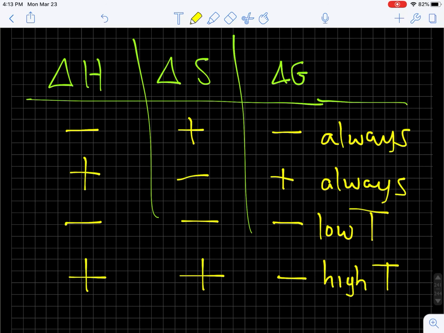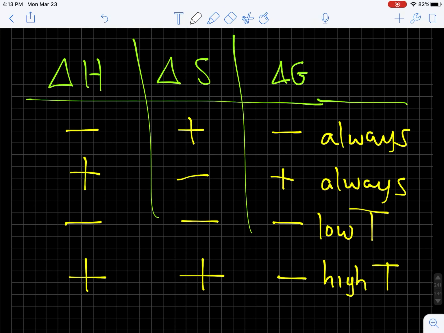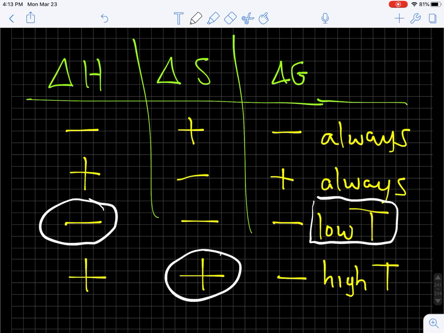Now, what about if we follow one and we go against the other? In terms of exothermic, this is going to be spontaneous under low temperature. I would focus on the enthalpy part, because in this mixture where we're following one principle, with negative delta H in the first example and positive delta S in the next, the enthalpy values numerically are a lot more important than the delta S values.